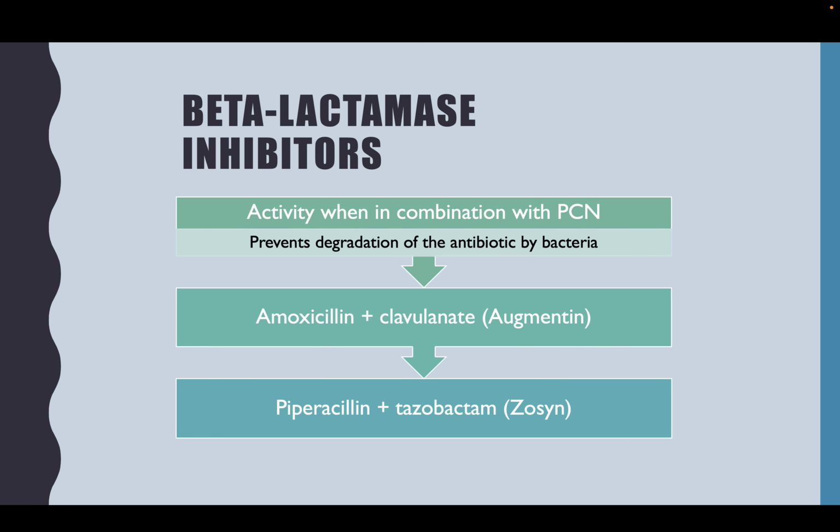So we've got some medications that are kind of a combination, penicillins with another type of antibiotic, and these are these beta-lactamase inhibitors. So again, fighting the defense from the bacteria. A couple common ones in this category, you may have heard of Augmentin and also Zosyn.